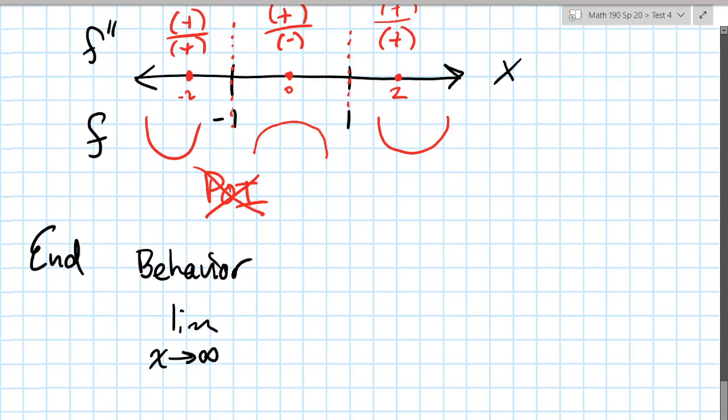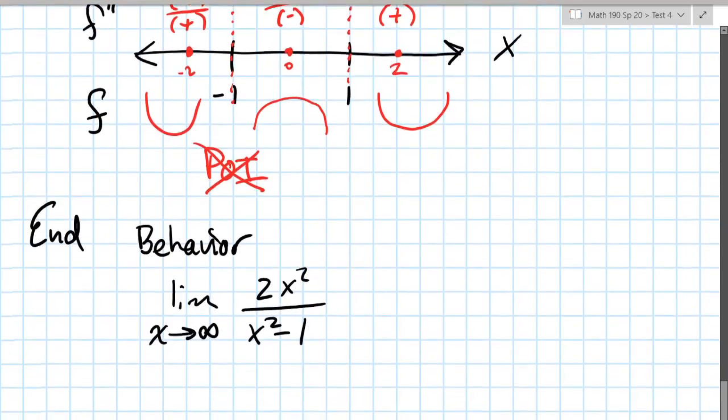So if you remember, our function was 2x squared over x squared minus 1. And we can find the end behavior of this by multiplying the numerator and the denominator by x squared, or we can use L'Hopital's rule since it's an infinity over infinity type of problem. Since we just learned L'Hopital's rule, we might as well do that one.